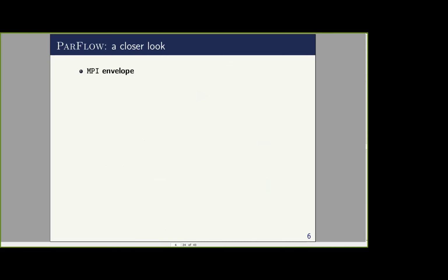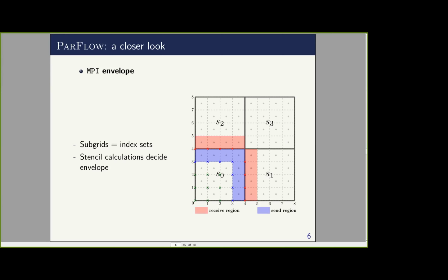Now let's go back and take a closer look into Parflow, and at two key points in particular. The first one is how Parflow computes the MPI envelope. What that means is how the information is defined and how the communication between MPI ranks has to take place.